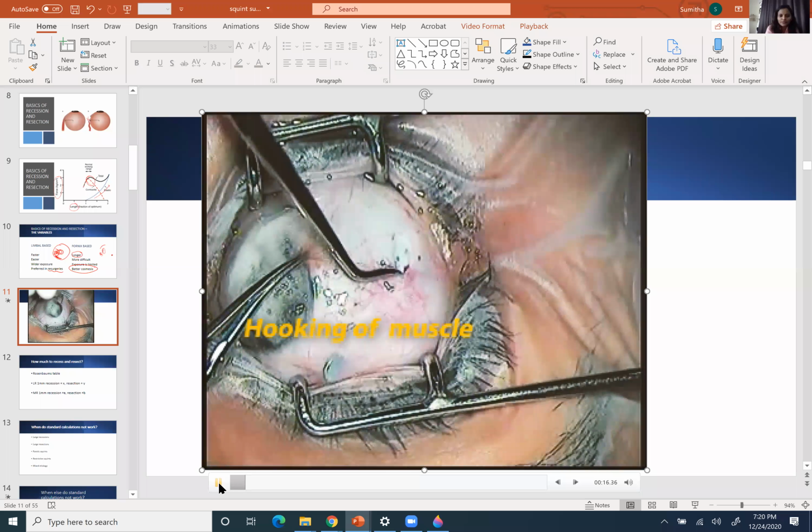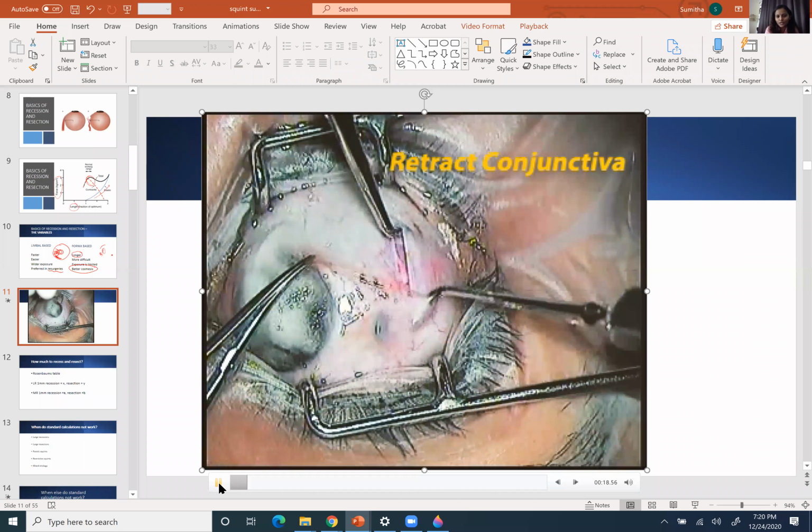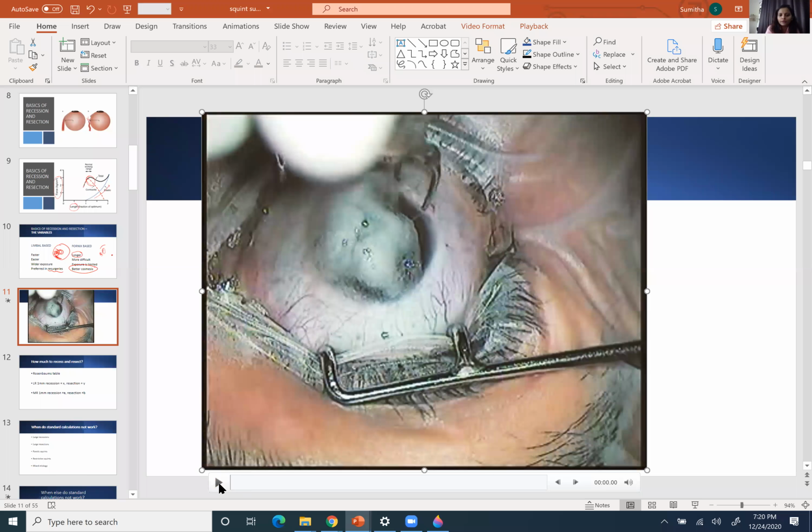So this is a Jameson's hook, which is being passed to secure the muscle. This is a small hook, the Stevens hook, to separate the conjunctiva which is overlying it.